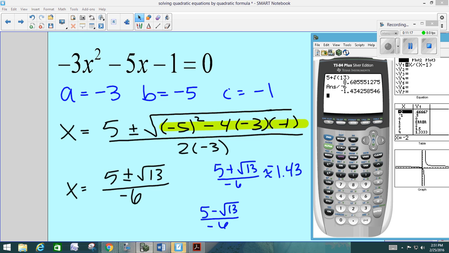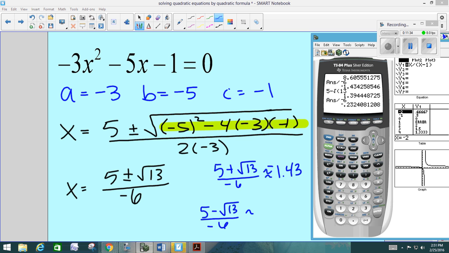If you didn't, try it again and see what. You gotta make sure you know how to use your calculator. And I got about negative 0.23 for the other one. Let me know if you're not getting these so you know how to use your calculator.